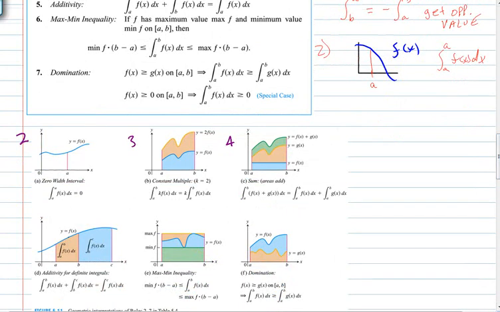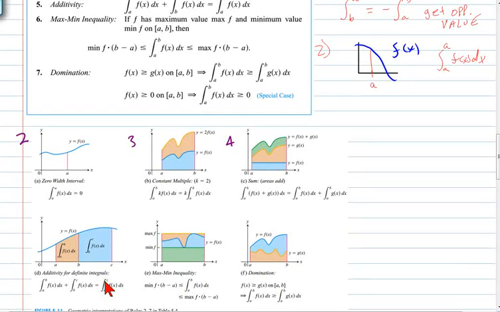If you have a function and you want to integrate from a to b, and you also want to add to it the integral from b to c, that's the same thing as the integral from a to c because it's a continuous domain there. You haven't broken up your interval. So the integral from a to b plus b to c is going to be the integral from a to c. Does that make sense?